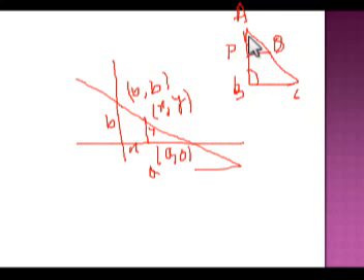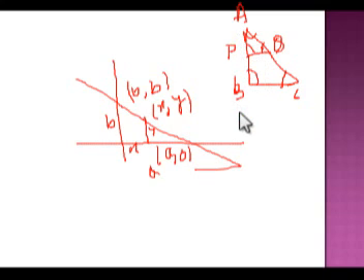Angle APQ is equal to angle ABC, and angle AQP is equal to angle ACB, because two are perpendicular, but one is the intersector and A is the same angle. So for triangle APQ and triangle ABC, three angles are similar.